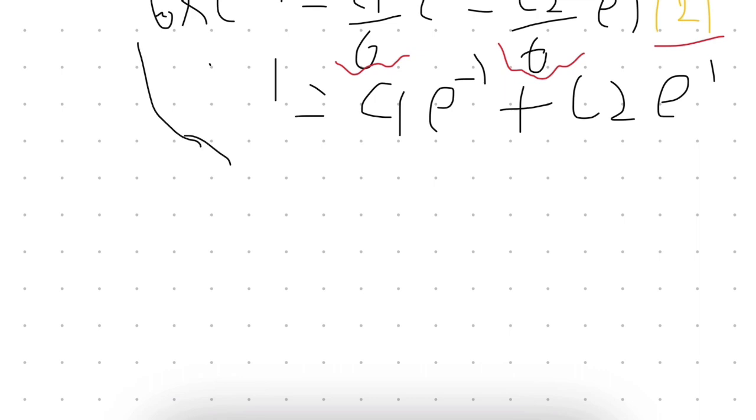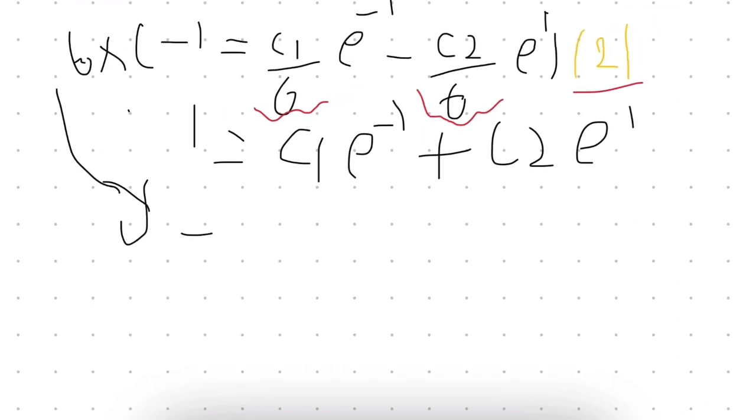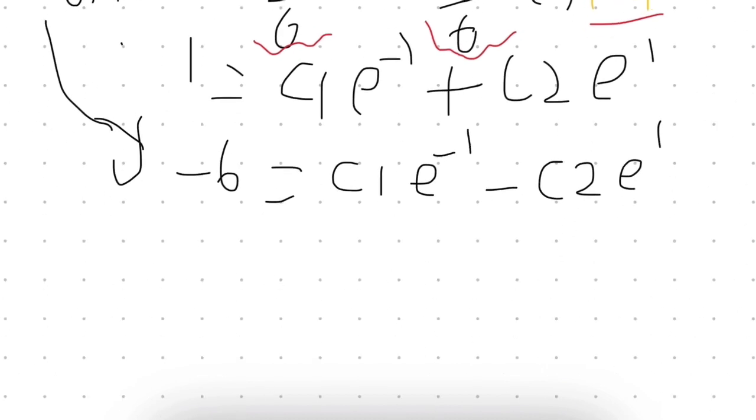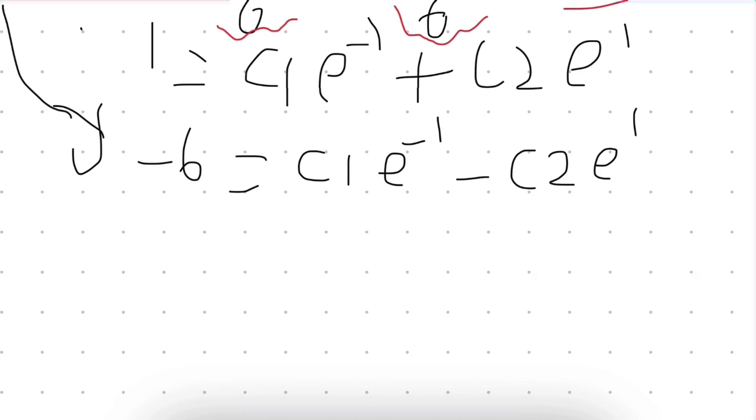It's going to be minus 6 equal C1e minus 1 plus, oops, minus C2e1. Now let's see what we can do here. We have a minus, we have a plus. So if we add those two values here, they are going to cancel each other. That's what we want. So we're going to add them.